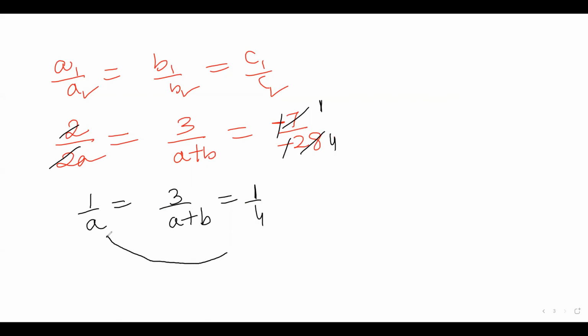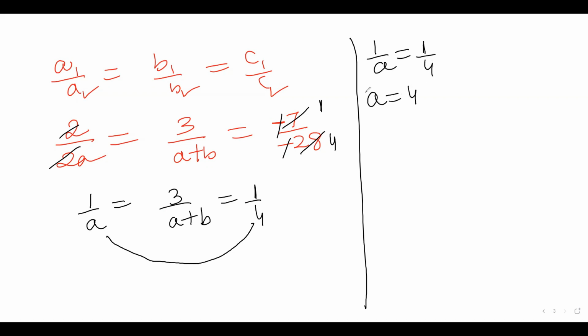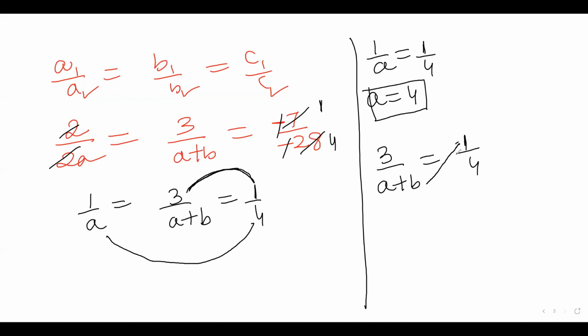Compare first and last term. 1 by A is equal to 1 by 4, cross multiply, A is equal to 4 ones are 4. Compare second and third term. 3 by A plus B is equal to 1 by 4, cross multiply, A plus B ones are A plus B, 4 threes are 12.